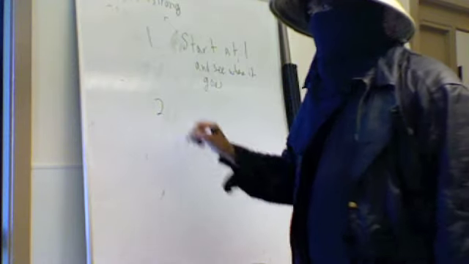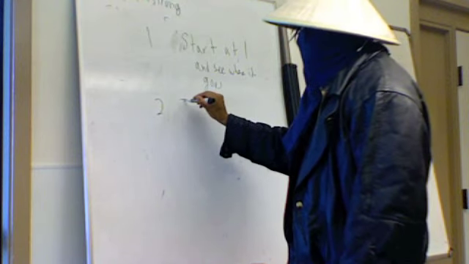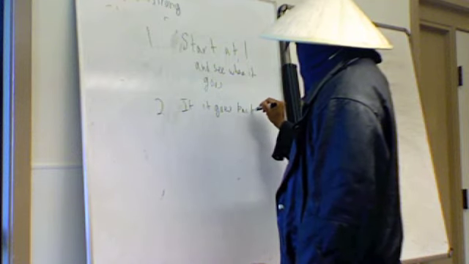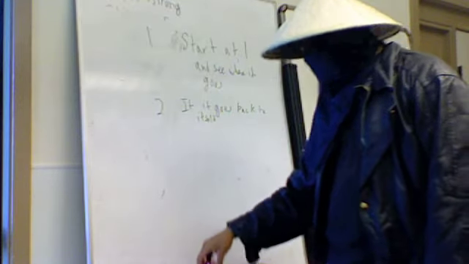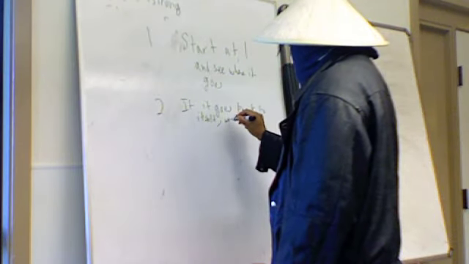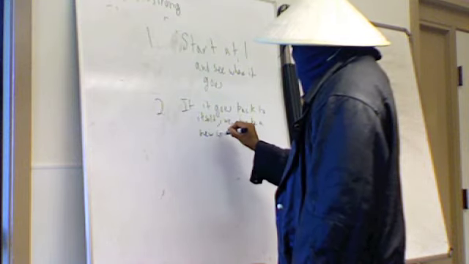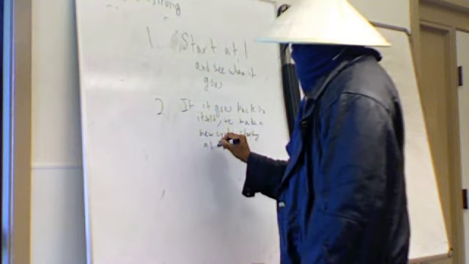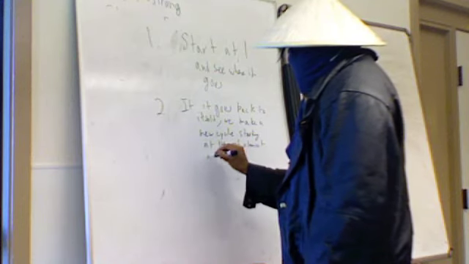And then, okay, if it goes back to itself, in other words, for example, 2 stays at 2, you don't include it in the cycle. We make a new cycle starting at the next element not yet mentioned.